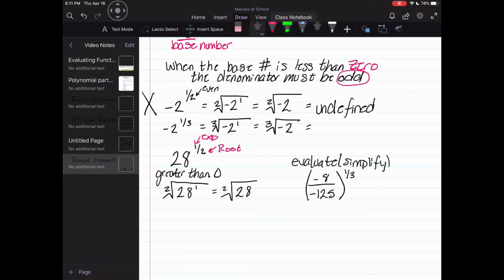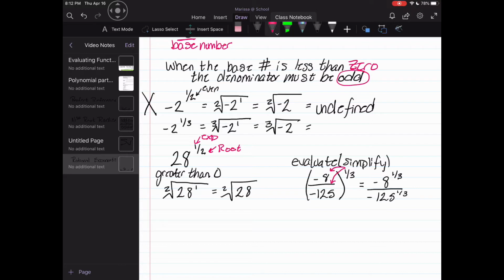I'm hoping that all of you are thinking that it's going to end up going to both, meaning that I'm going to have negative 8 to the 1/3 power and negative 125 to the 1/3 power. I'm going to take this exponent and distribute to both the numerator and to the denominator.